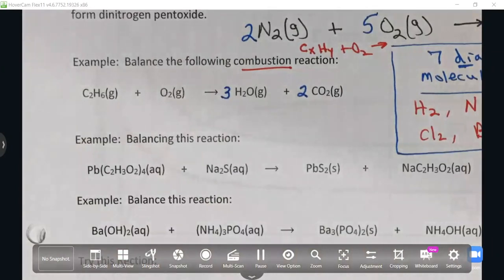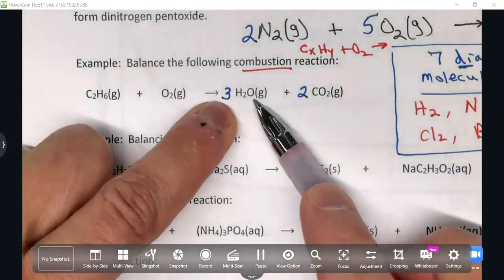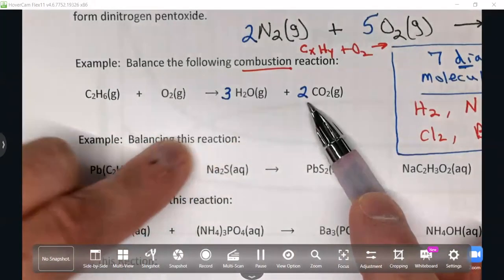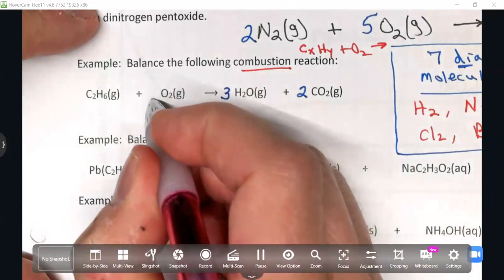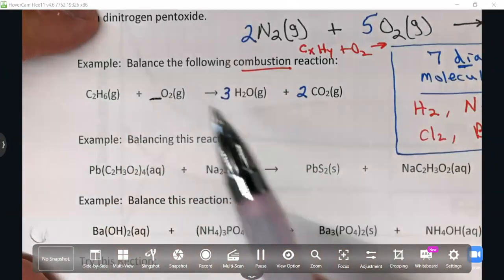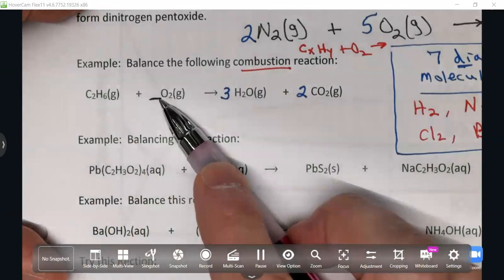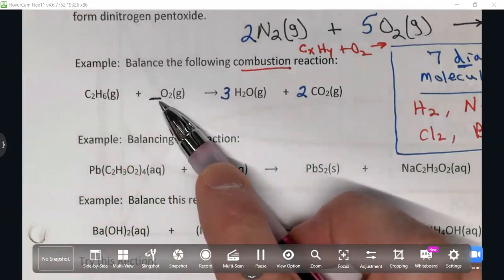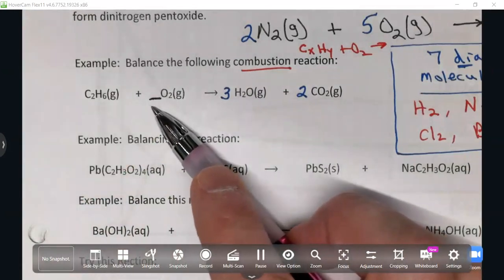How many oxygen total on the right side? Total. 7, right? We've got 3 times 1 is 3, plus 2 times 2 is 4. 3 plus 4 is 7. However, whatever number I put right here, I'm going to end up with an even number of oxygen on the left side. No matter what number. If I put a 2, it's a 4. If I put a 3, it's a 6. I put a 4, it's an 8.